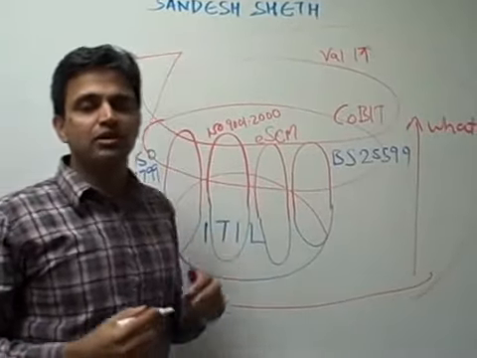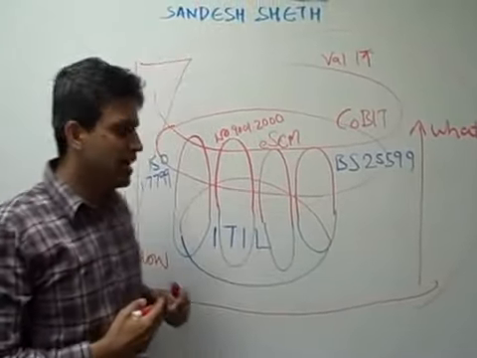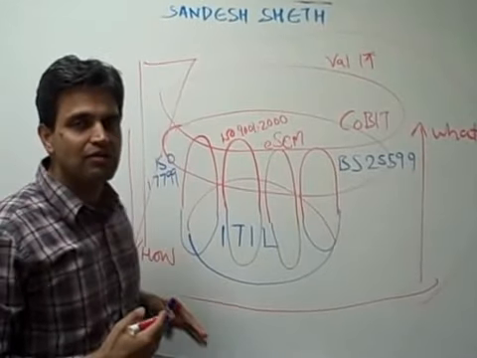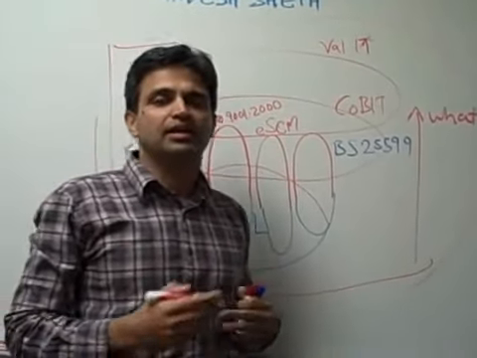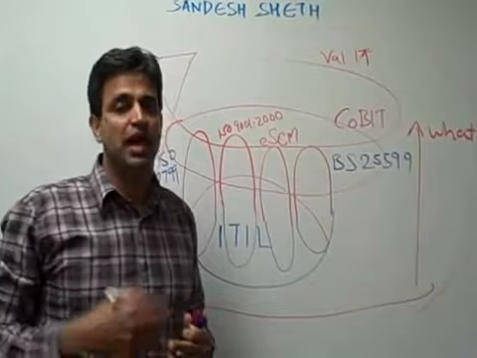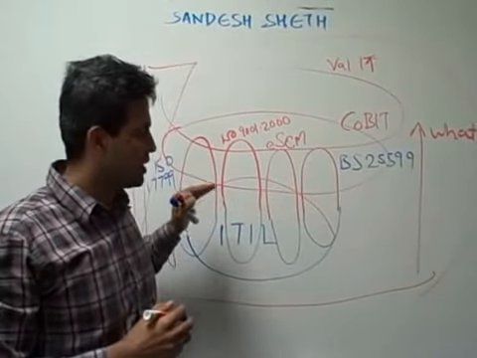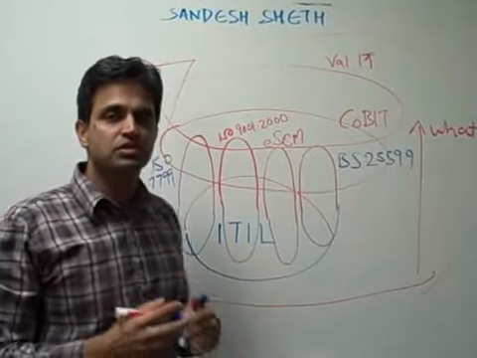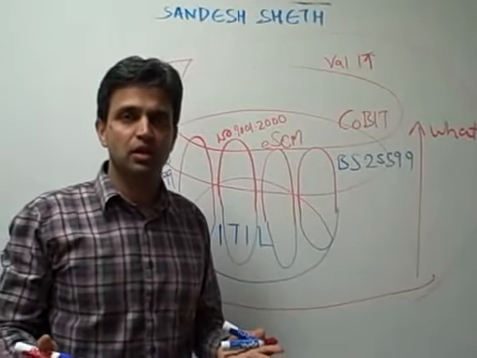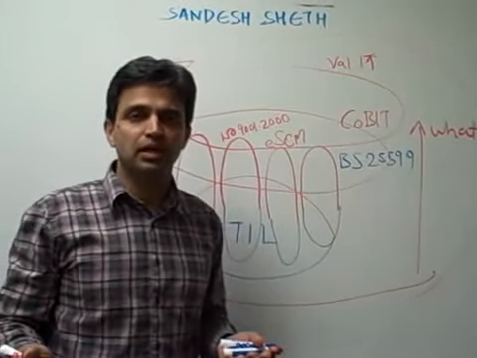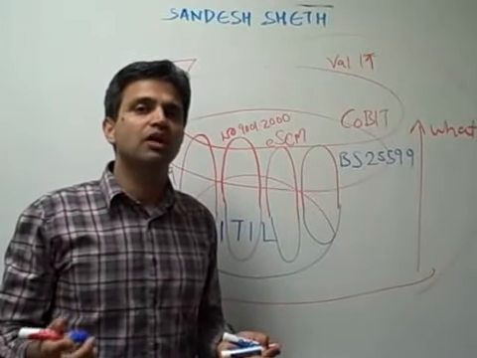So at the top level, it has more to do with the strategy, and at the low level, it has to do with the tactical and the operational stuff. These frameworks together in unison, when implemented properly, help an organization govern IT.